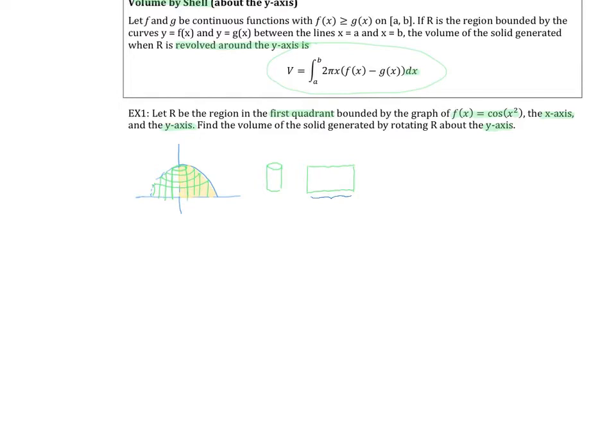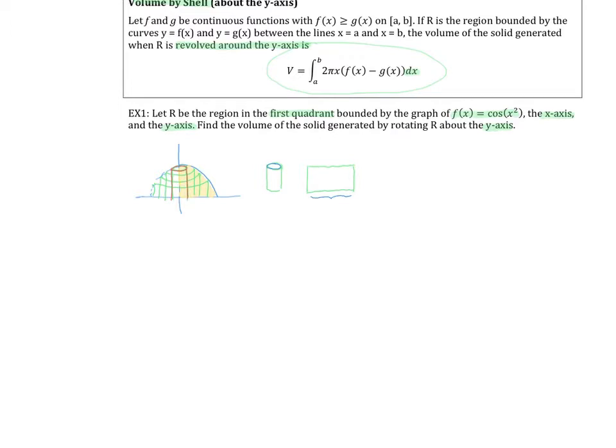Where this length of the rectangle would be the distance around or circumference of the circle. So let's just look at a representative shell back on our graph.